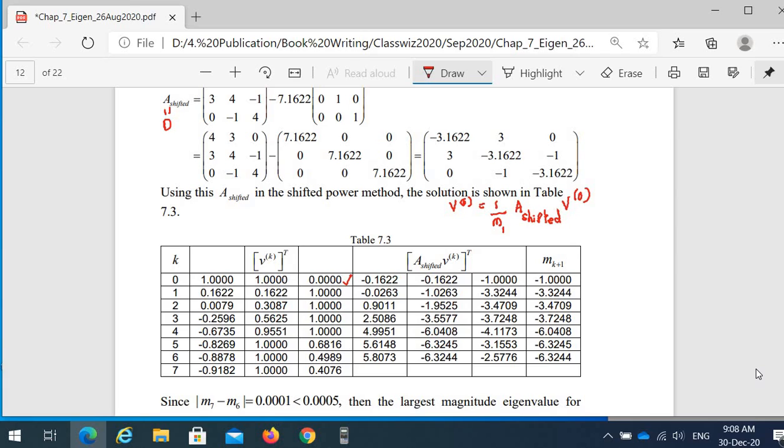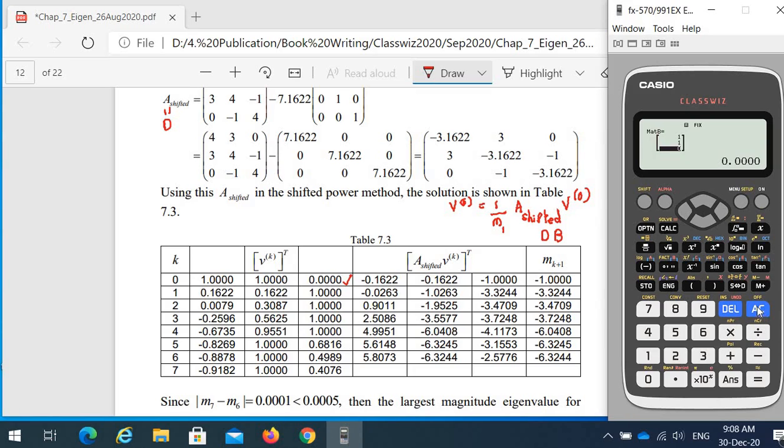First of all, you have to do A shifted times V note, where the A shifted I store in matrix T and V note I store in B. So I will use a matrix multiplication of T times B. Option number 4.